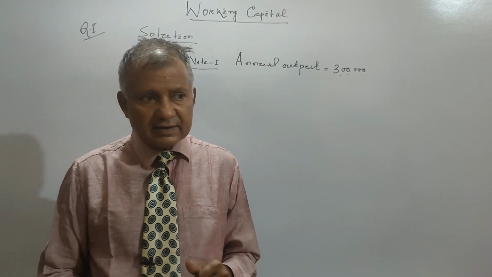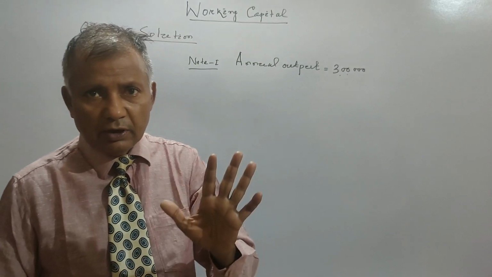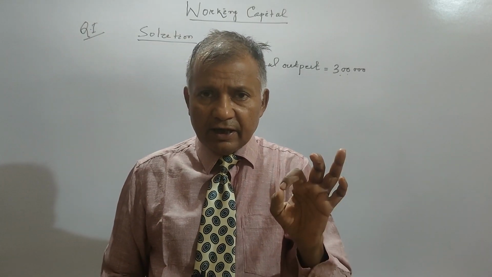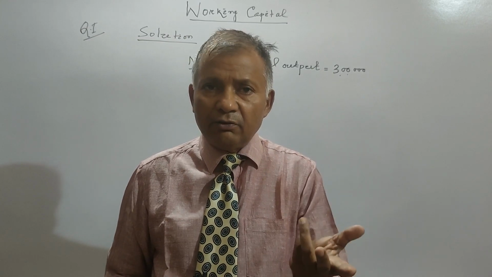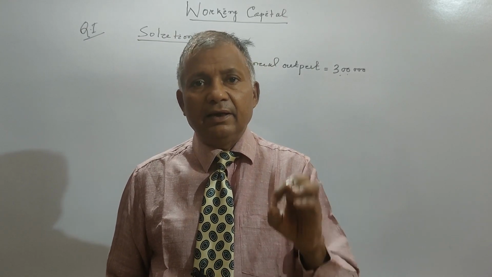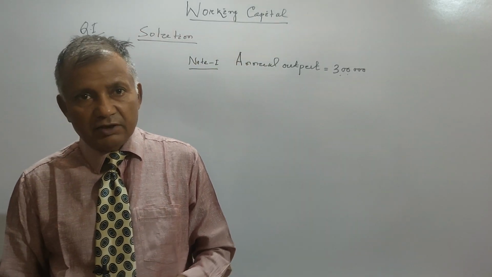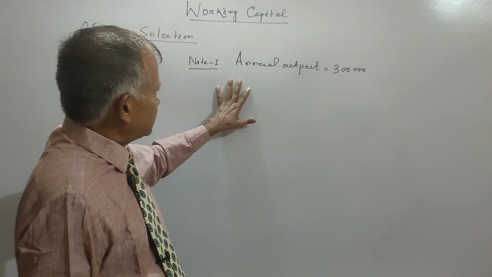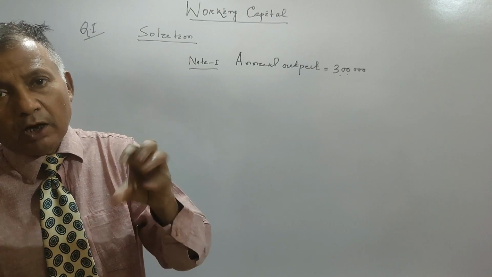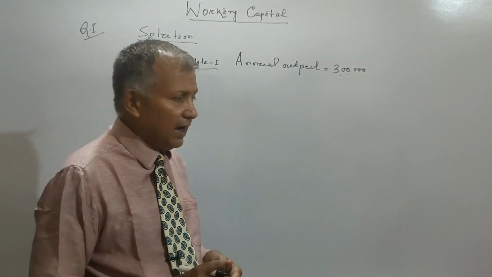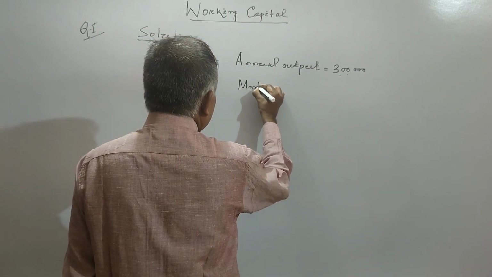In that case, we will divide the annual output by 52 because the year contains 52 weeks, so that we can find out the weekly sale, consumption or production. Here the requirement is on the basis of months.